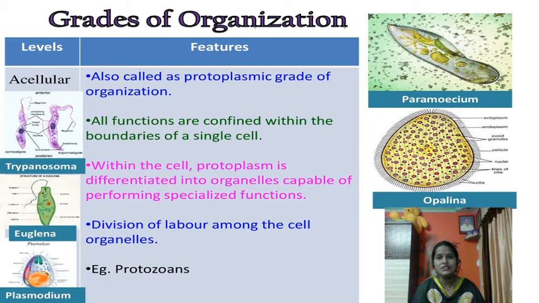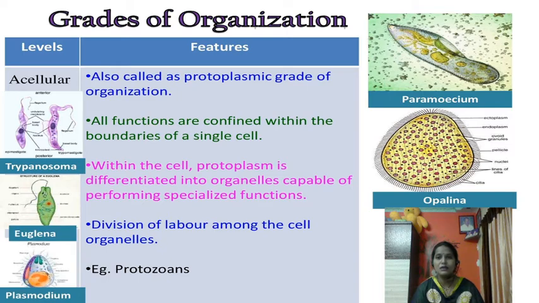All functions are confined within the boundaries of a single cell. Within the cell, protoplasm is differentiated into organelles capable of performing specialized functions, and division of labor among the cell organelles is observed. Protozoans exhibit a cellular grade of organization.